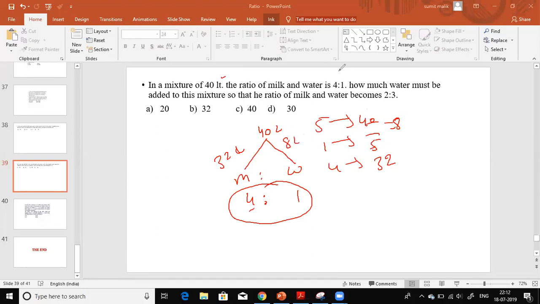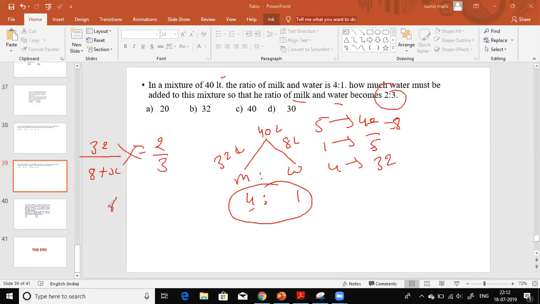Now what is it saying? So this is my original ratio, 32 liter milk and 8 liter water. Now how much water must be added to the mixture? Suppose I am adding X liter water to the mixture, so that the ratio of milk and water becomes 2:3. So the new ratio becomes 2:3.